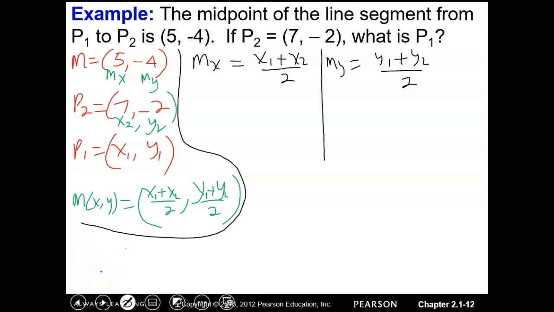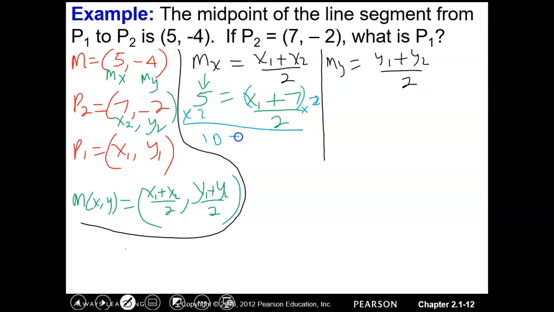Okay, so those are the two ordered pair coordinates. Then we replace the mx, which is the 5 here, given for the midpoint. So 5 equals, x1 we don't have, we're looking for it, x2 is 7, we do have, so over 2. So now we do the algebra. We can multiply this side by 2 and multiply this side by 2.